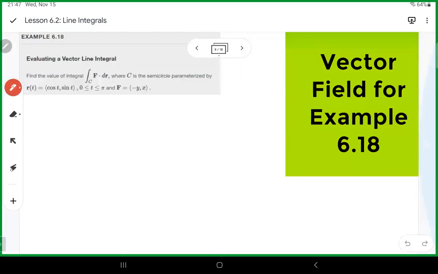It says evaluating a vector line integral, find the value where C is a semicircle, and there's the information for it. So we're going to use equation 6.9 to convert the variable from S to T.